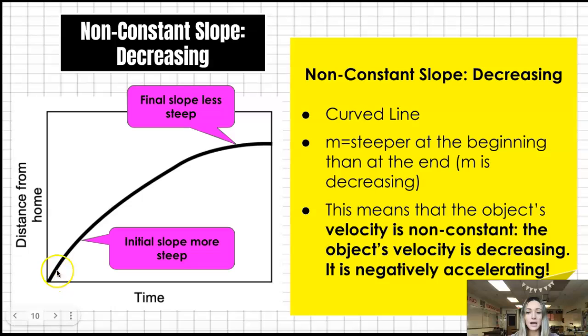This means that the object is negatively accelerating or slowing down. Initial slope, very steep. Final slope, less steep, tells me that we have a negative change in velocity, which is negative acceleration or slowing down.